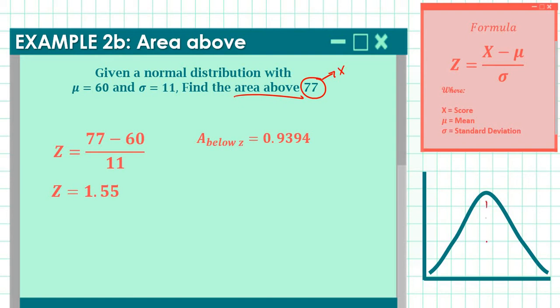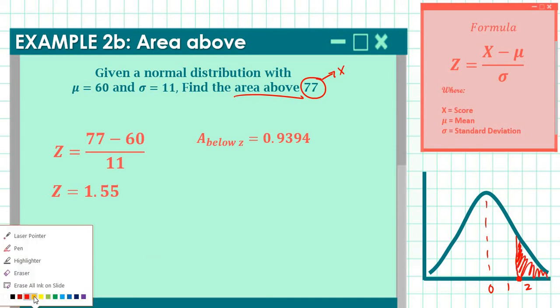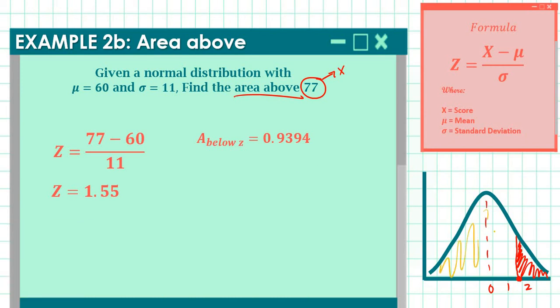So if again we want to plot it in our standard normal curve, 1.55 is in between 1 and 2, so perhaps somewhere here. Okay, and area above is area to its right. So what we have identified as an area is area below, which is this portion, and this is 93.94%.